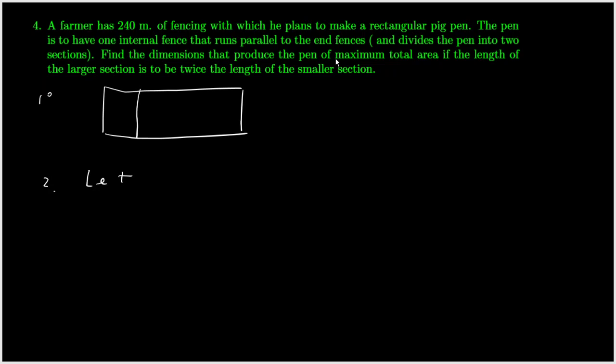So we let A be the total area of the two sections. It's the standard notation. I'm not going to write out the two sections; you know the meaning already.